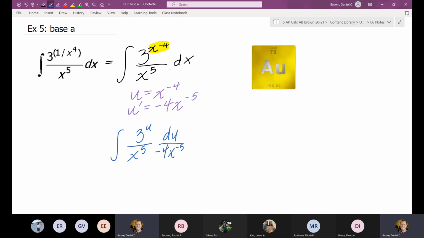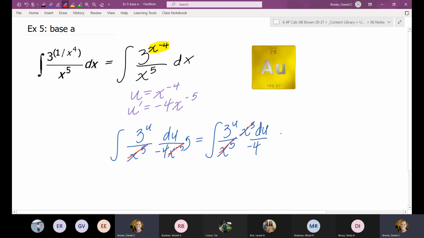And if you don't see that obviously, those are opposite exponents, so I hope it makes sense they cancel out. You can do some manipulation of it. Again, that is x to the negative fifth in the denominator, so you can move it up to the numerator, and it becomes x to the positive fifth. Either way, it will cancel out however you write it, and then you can go ahead and integrate it.